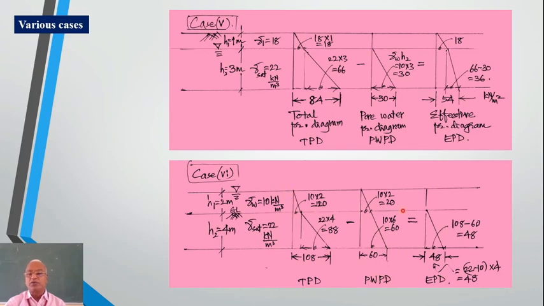Obviously this water pressure cancels off, and you will have 108 minus 60, that is 48 kilonewton per meter square at the base, the effective pressure, right? So this is 22 minus 10 into 4, that will be 48.